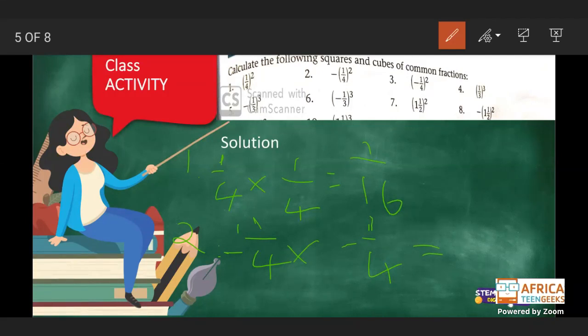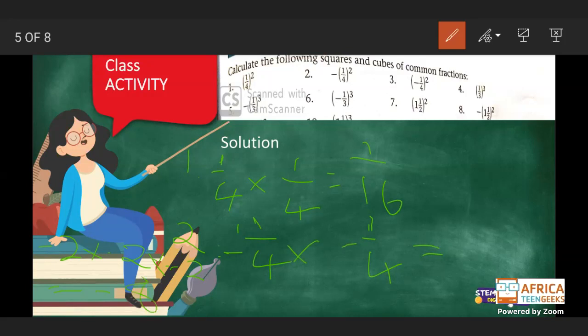Only 2 fractions will cancel each other and the other stays negative. For example, negative 2 multiplied by negative 2 multiplied by negative 2 gives negative 8.